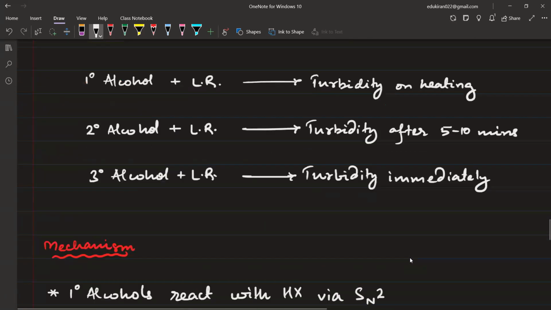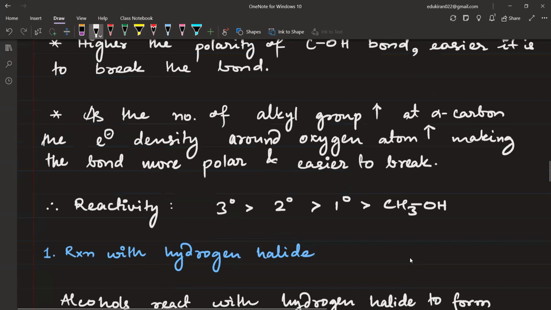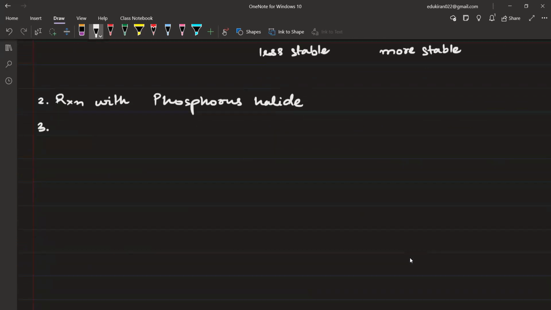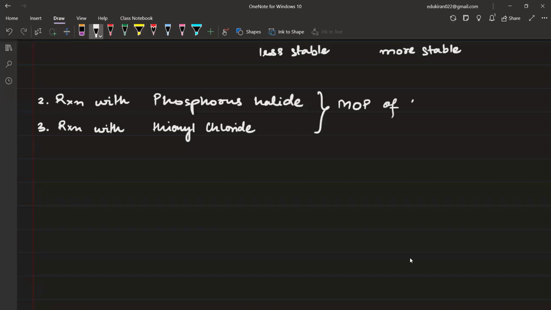Because this is the first reaction that we are learning, in reactions involving cleavage of the C-OH bond. The next reaction that you have to write is the reaction with thionyl chloride. These are very basic reactions, and both of them you will get in the methods of preparation of haloalkanes.